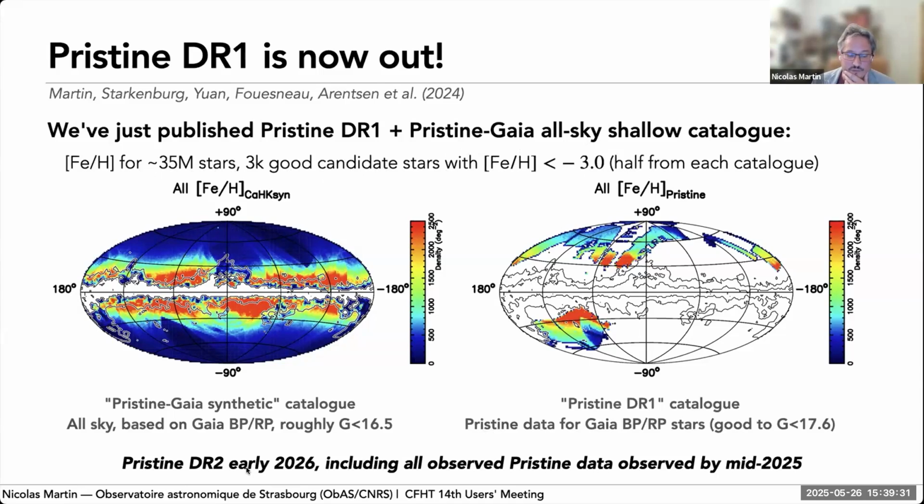We've been discussing at a meeting a month ago about Pristine DR2 that will come out in early 2026, including all the data until more or less now. And that'll go all the way down to the faintest stars, down to G of about 20, that we have in the 7,000-8,000 square degrees we've collected so far.